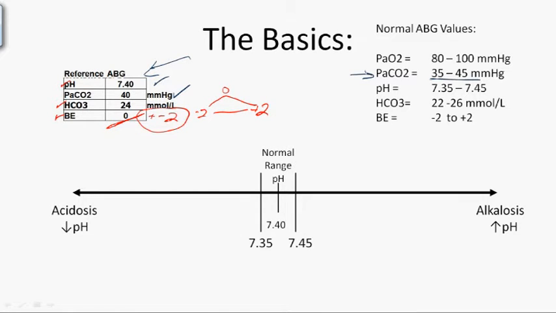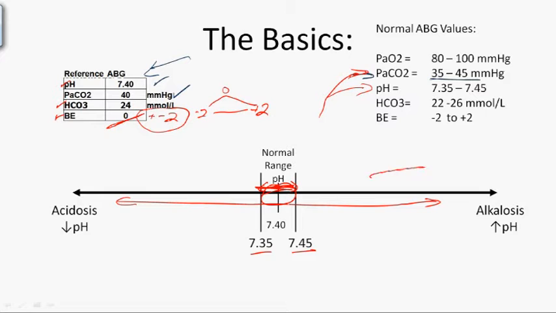All right, so get oriented to our graphic representation here. This line along the bottom represents pH. The body is always striving to maintain a normal range between about 7.35 and 7.45. That's what our normal blood gases are trying to tell us about our pH. If you're on the right side over here, that's going to be an alkalosis.